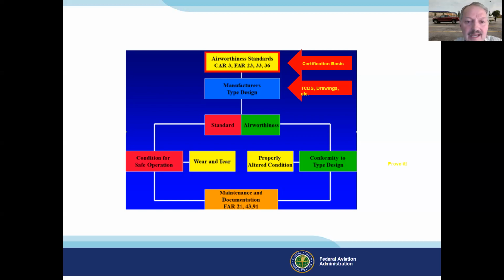The type design is composed of the type certificate data sheet, the drawings, the manuals, etc. So conformity to type design is one element of airworthiness, and that's what we're going to discuss first.